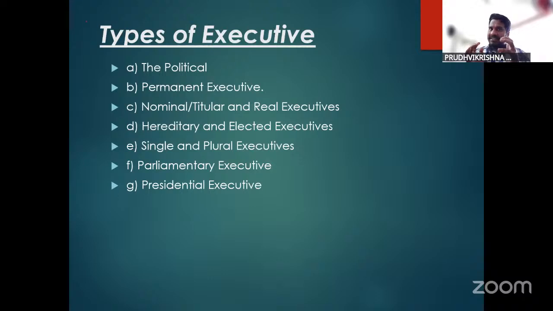If it is collective, with some checks and balances, then it is parliamentary. In parliamentary, the members of the political executive are individually and collectively responsible to the legislature. The legislature can be dissolved by the executive here.